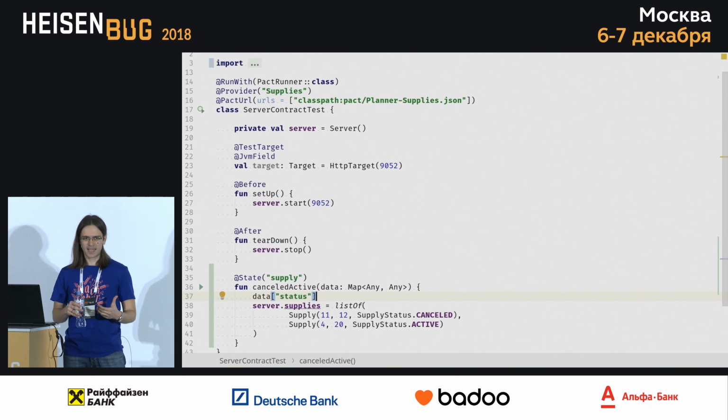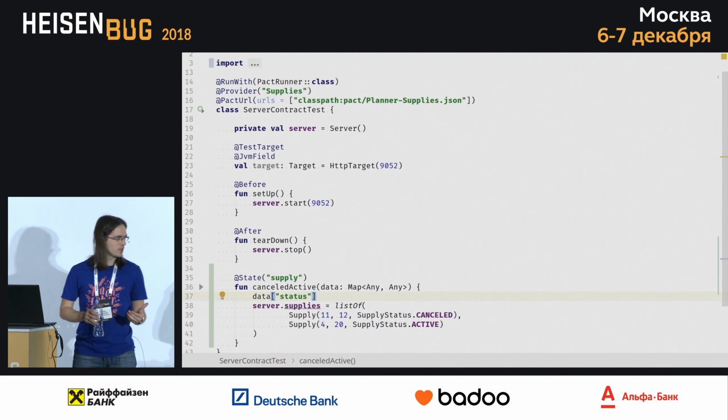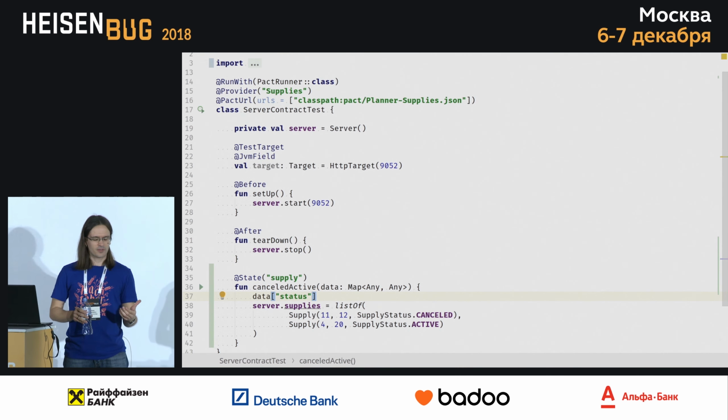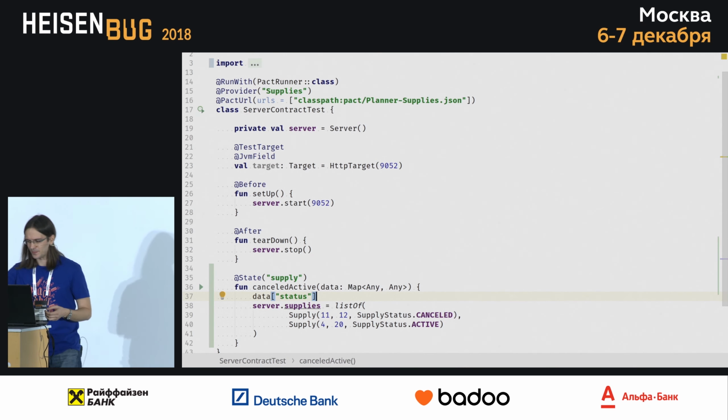So we had a test case where all supplies were on the day when the clock is changed. And this test case was able to find an error in time handling code on the provider side. So I need you to remember that contract testing is not just for checking that you have this field and that field in JSON. You can also test more interesting scenarios.